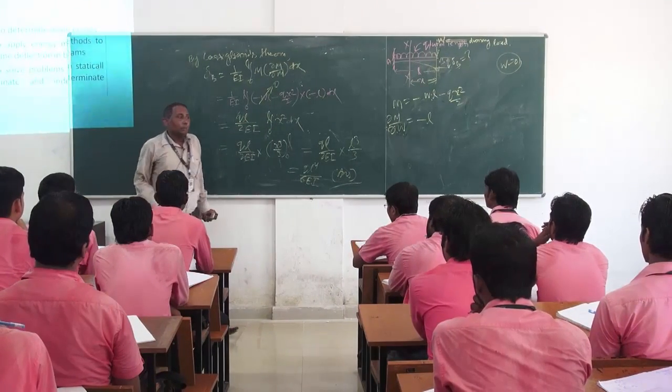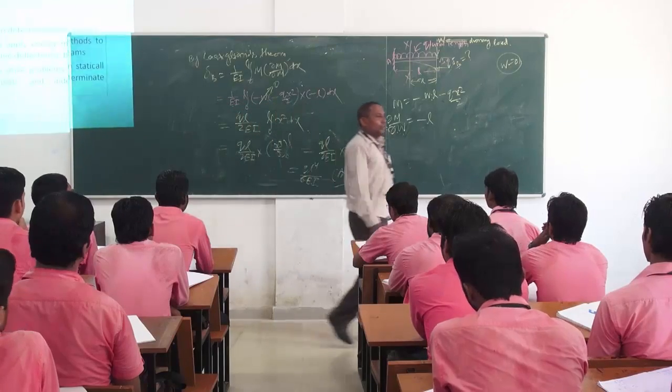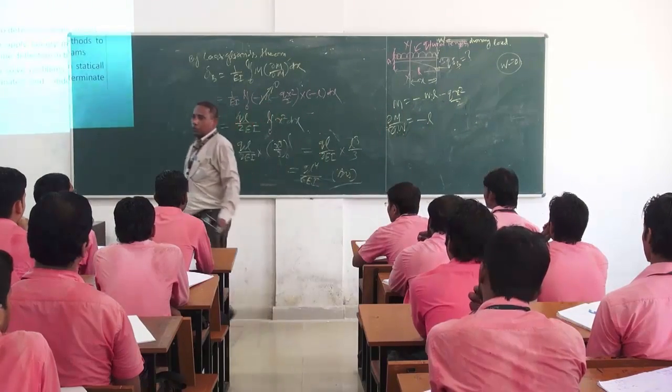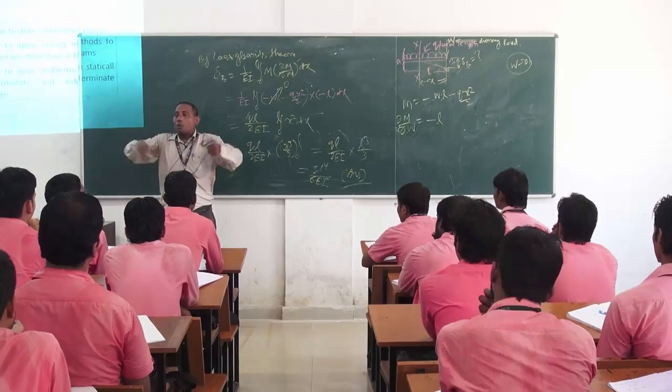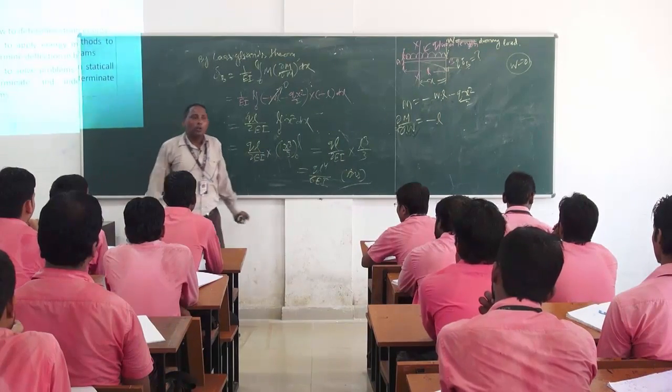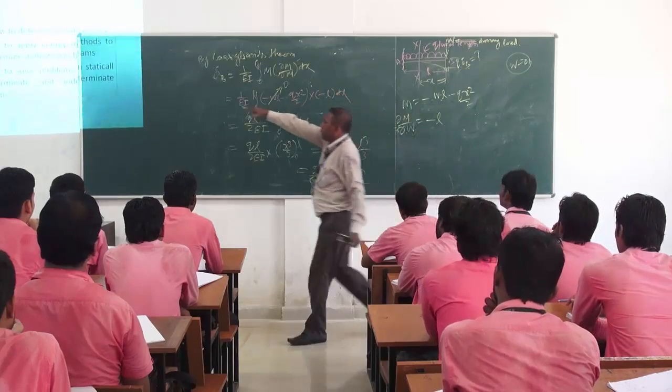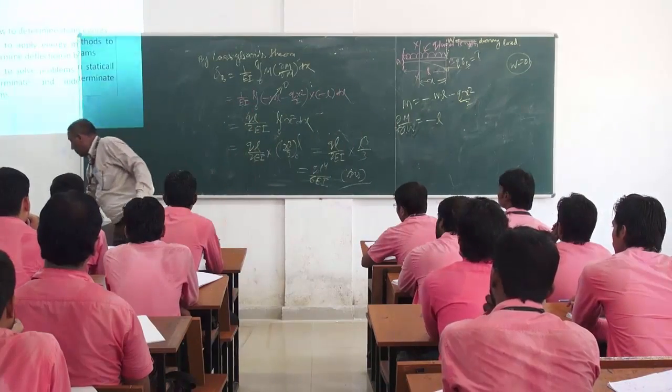In that case, the three equilibrium equations are not enough to solve for the unknowns. That means we have to use some compatibility equation in addition to the equilibrium equations, and those beams are known as statically indeterminate beams.